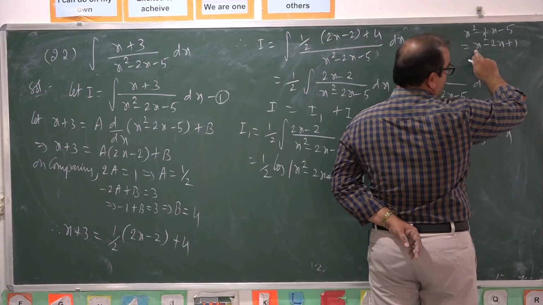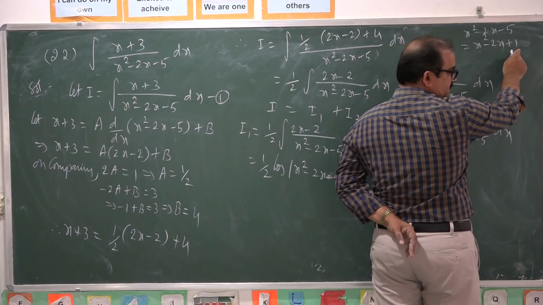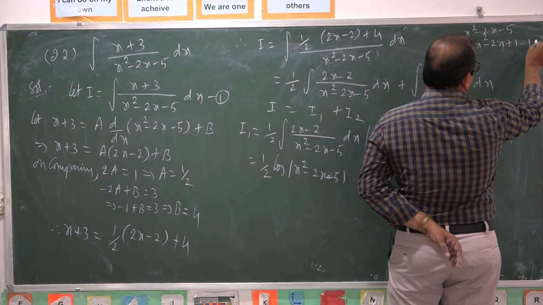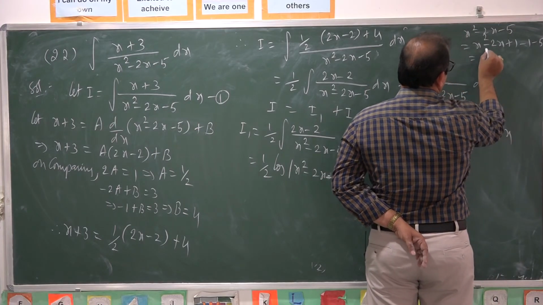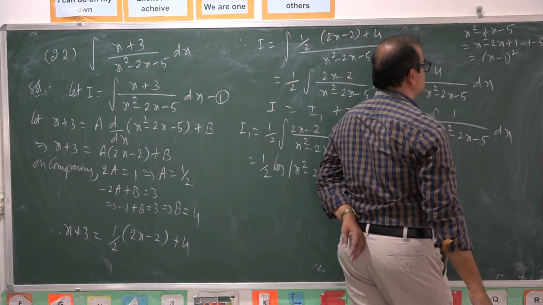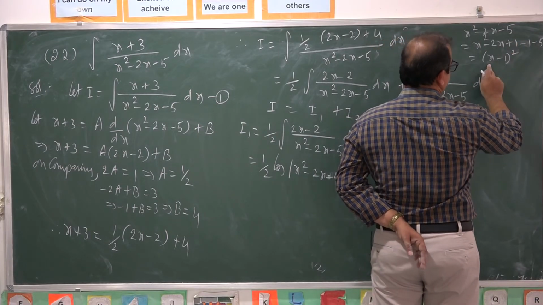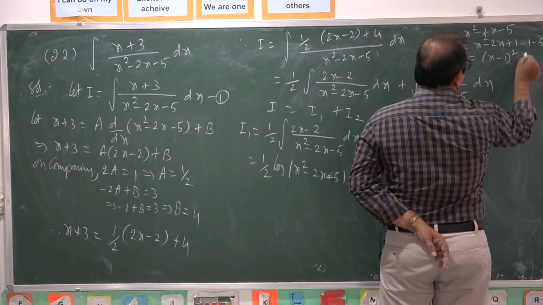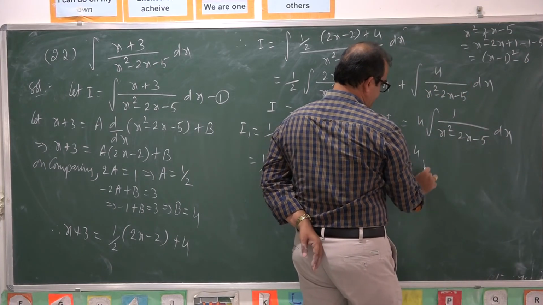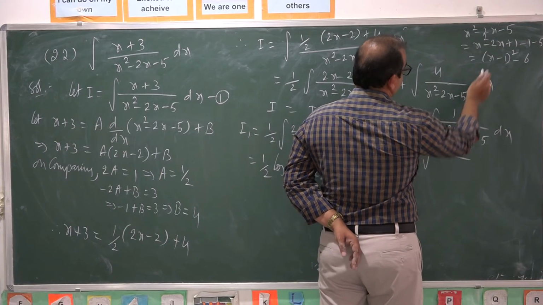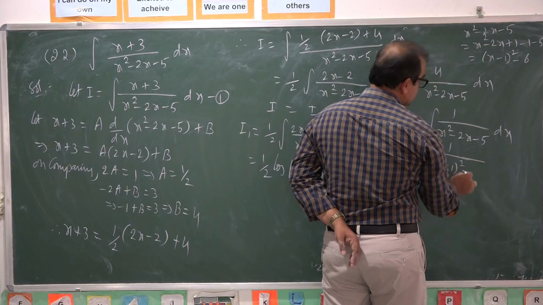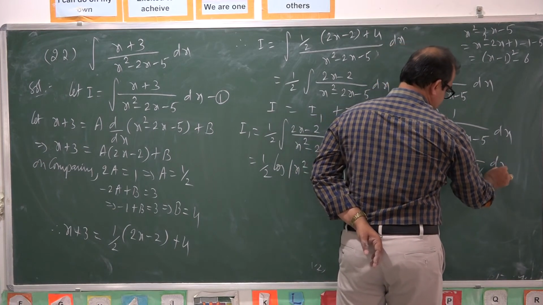It is in the form of a² − 2ab + b². b square is 1. If you add 1, you subtract 1, minus 5. The first three terms are (x − 1) whole square, minus 1 minus 5, minus 6. So, this is 4 into integral of 1 by ((x − 1)² − 6) into dx.